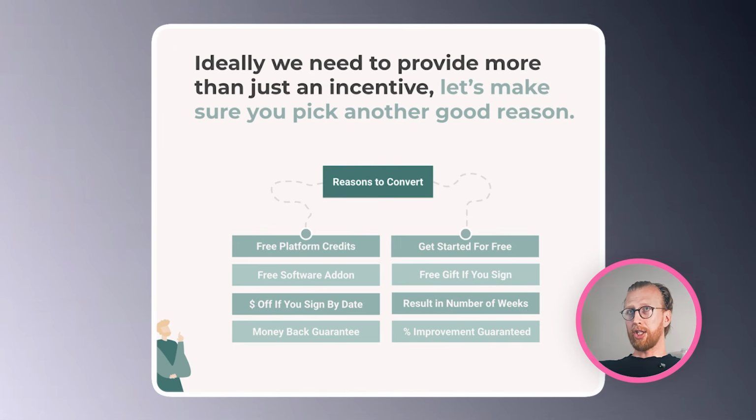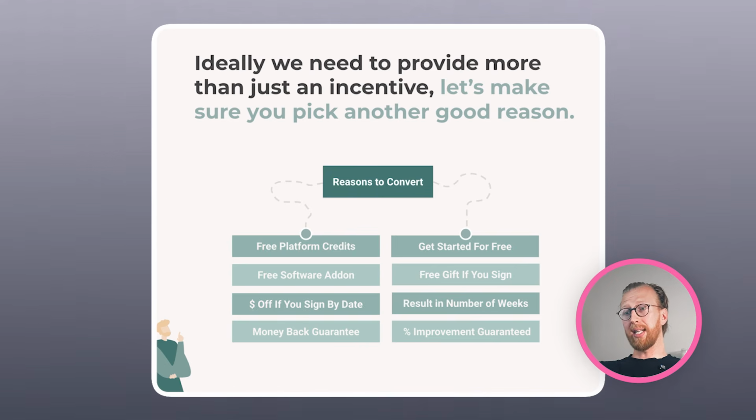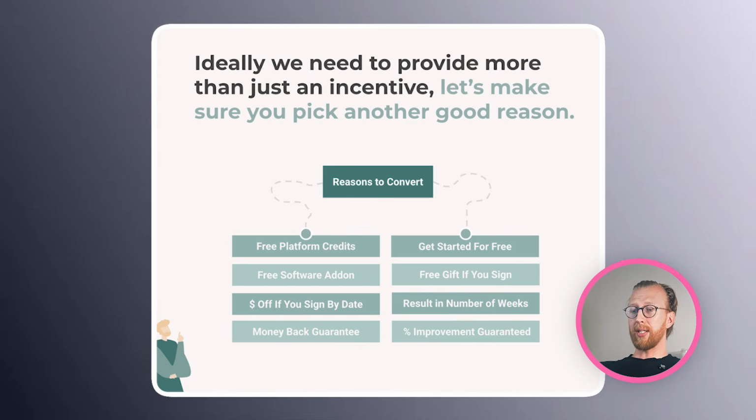You're talking about check this platform out for 30 days and you won't pay, and it usually costs this. Or get started for free gift if you sign. We'll promise a result in a number of weeks, a percentage improvement guaranteed. Like you could say, get 50% more credit from your marketing or your money back, or various things like this. Money back guarantees, dollars off if you sign by this date.